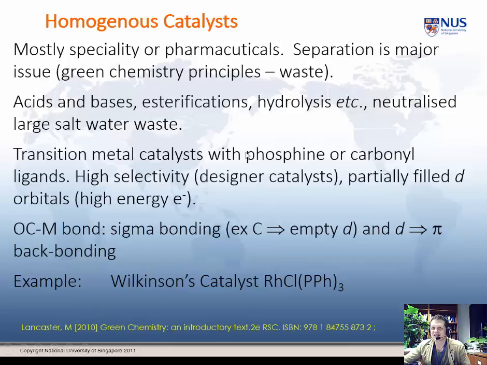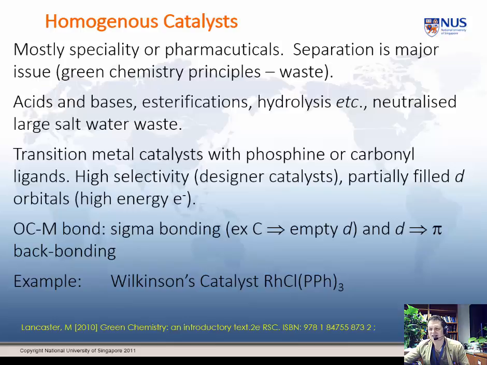Typical examples of the type of catalyst: acids and bases in esterifications, hydrolyses, etc. So maybe you think, well, a large amount of saltwater waste isn't that much of a problem. When you start putting transition metal catalysts into the mix, it does become much more of a problem, and the amount of waste and contaminated waste that you have to deal with becomes significant.